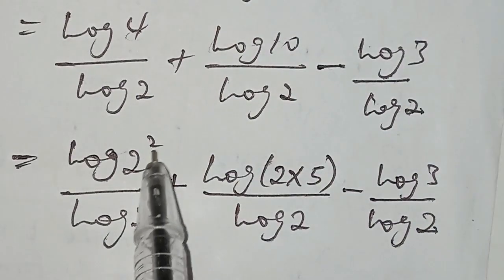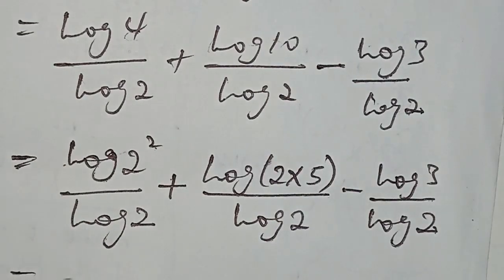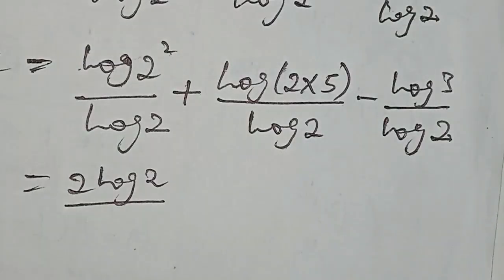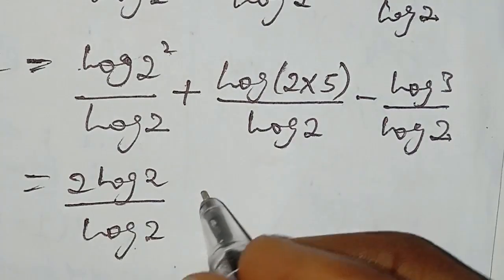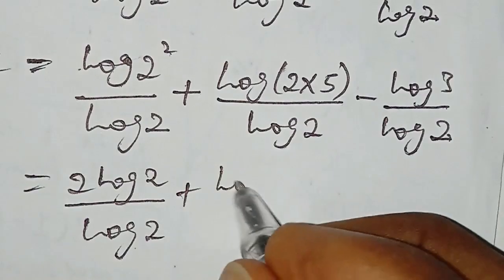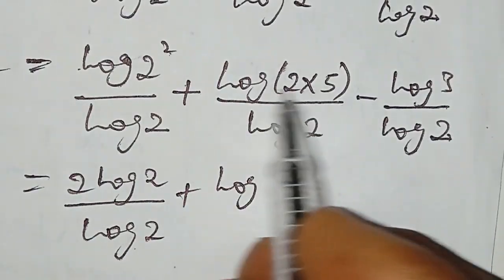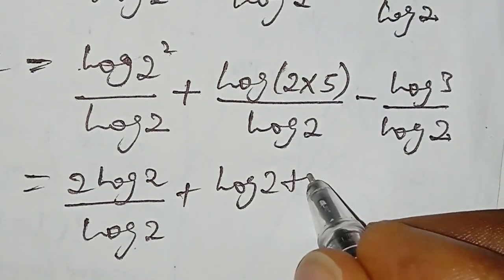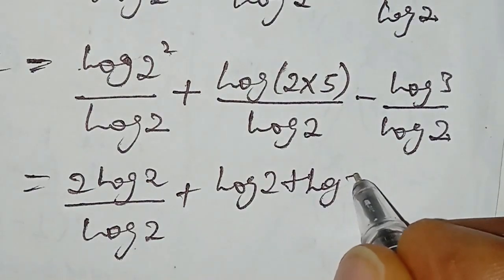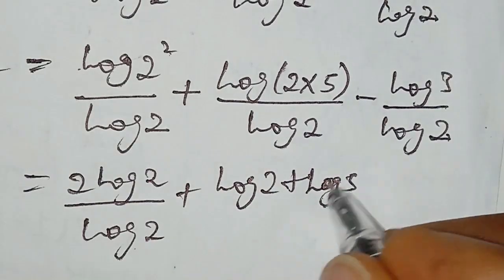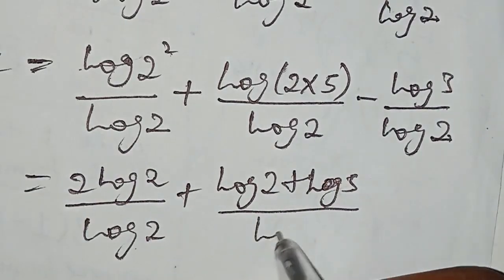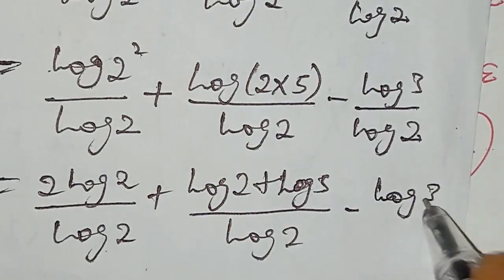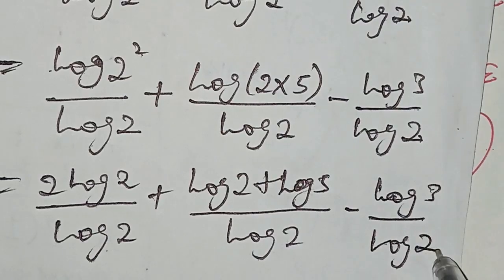So here, these two will come down to the base. Then we have 2 log of 2 over log of 2 plus log of 2 plus log of 5, using the previous identity, over log of 2 minus log of 3 over log of 2.